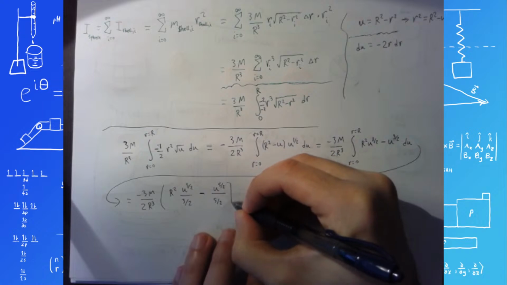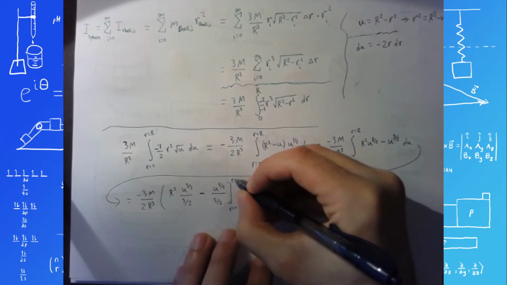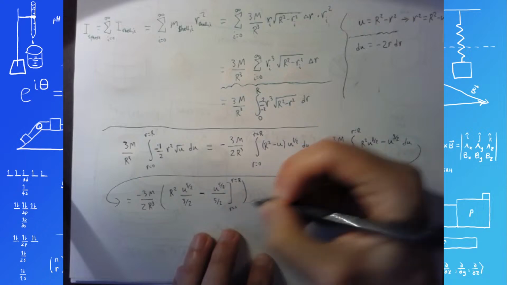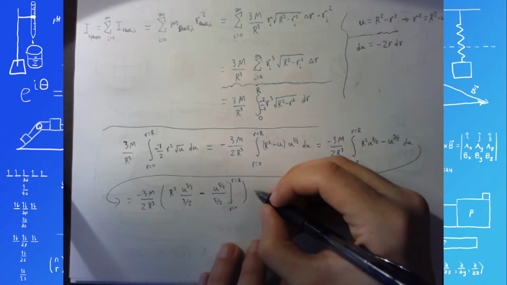Okay, and this is again evaluated from r equals 0 to r equals big R. Not the funnest looking integral, but we can work with it.